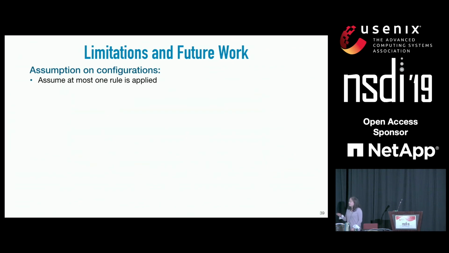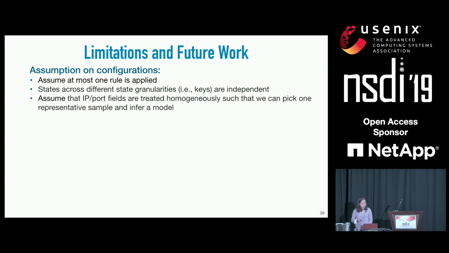There are certain limitations and assumptions we make. There are certain assumptions regarding configuration. We assume at most one rule is applied. States across different keys are independent. We assume that we can learn a symbolic model by sampling some representative samples. We also make certain assumptions in the NF action.